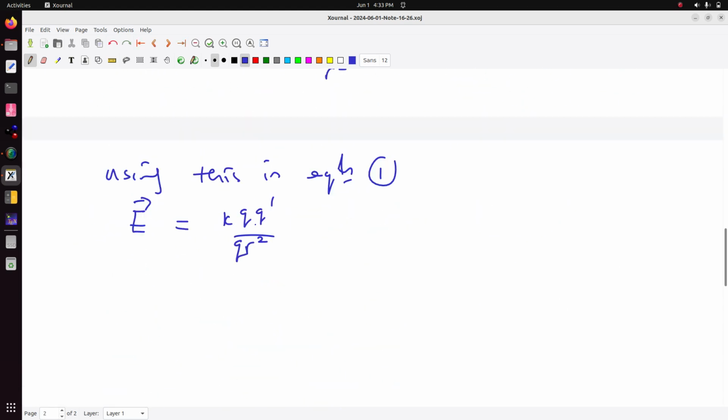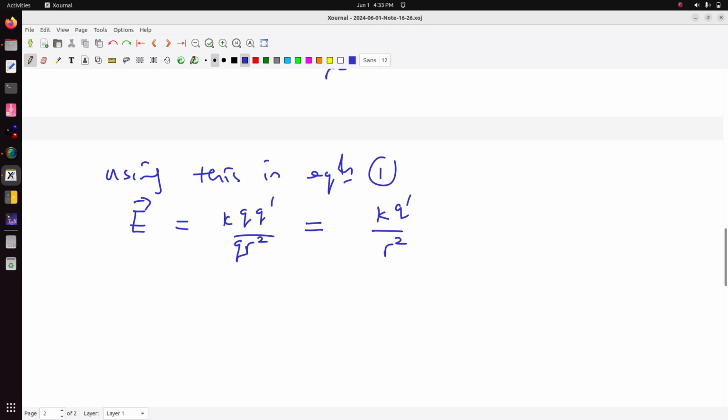Okay? So this can be written as KQ over R squared, or KQ prime over R squared. So this can be a relationship between the electric field and the charge that is in that field.